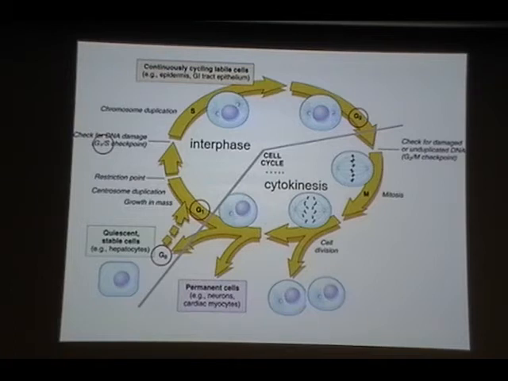For example, if there is a mutation, cells will detect it and simply kill the cell, because we don't want any mutation. Then after G2, if everything is okay, the cell starts mitosis, and one single cell physically becomes two cells. That is the whole cell division.